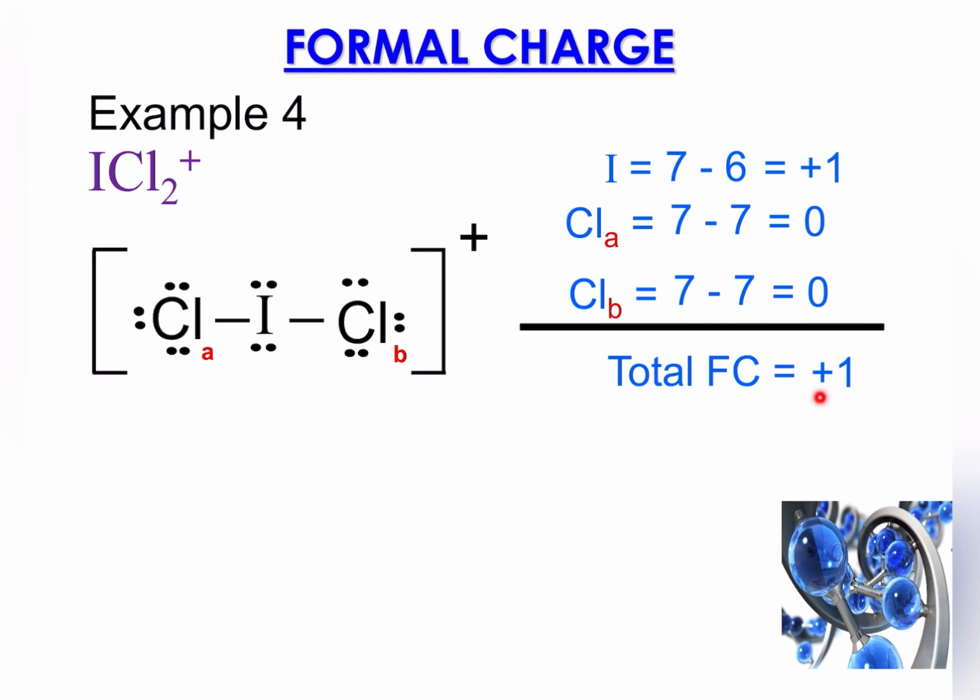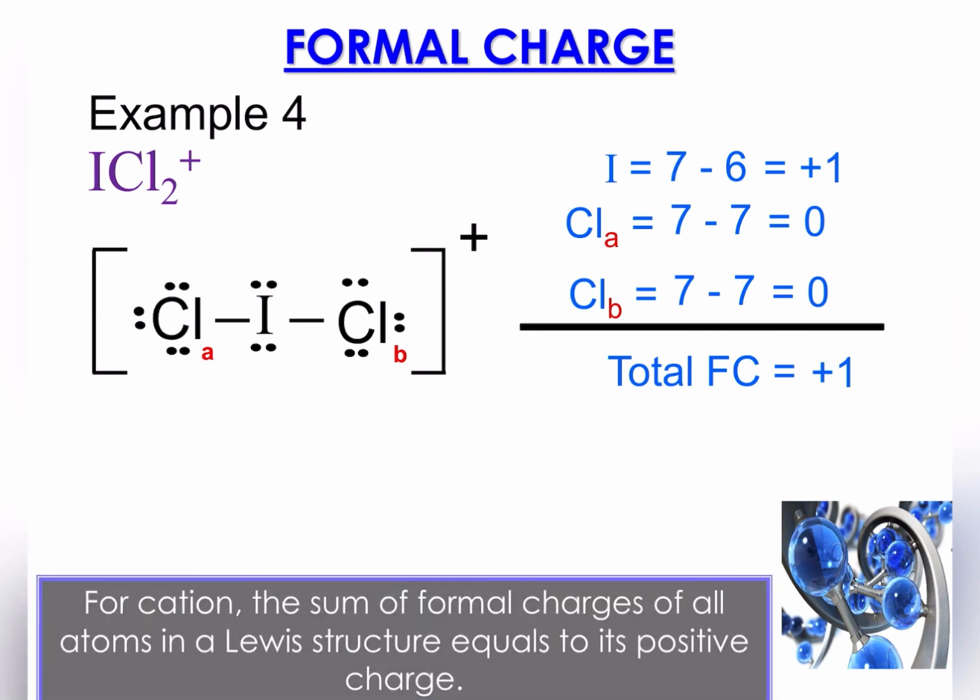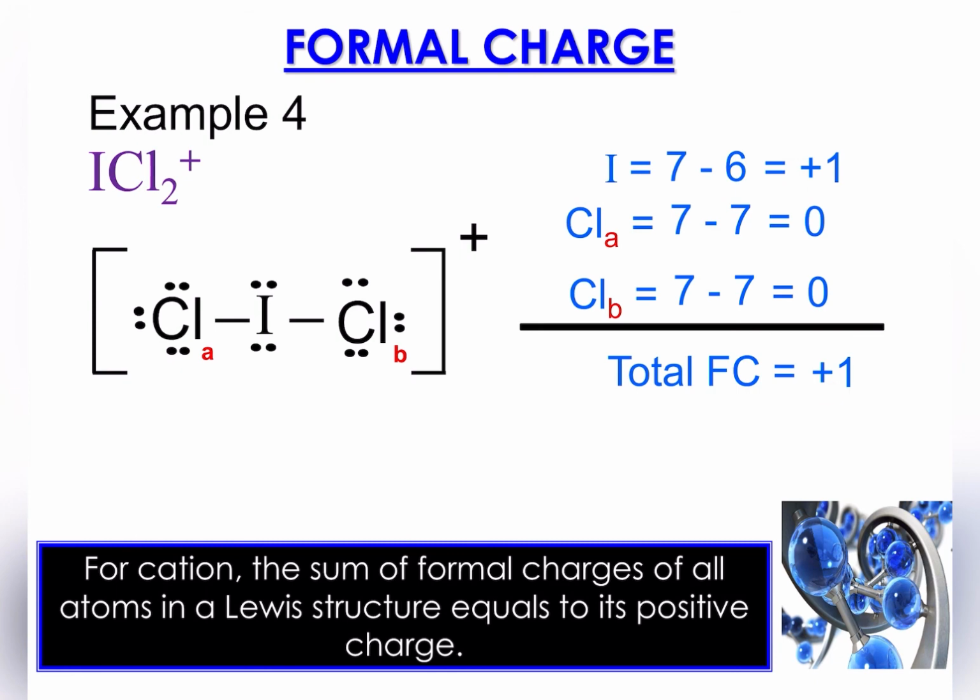And from here, we can say that for cation, the sum of formal charges should be same or equals to its positive charge here. So now it is also proven for ICl2+.